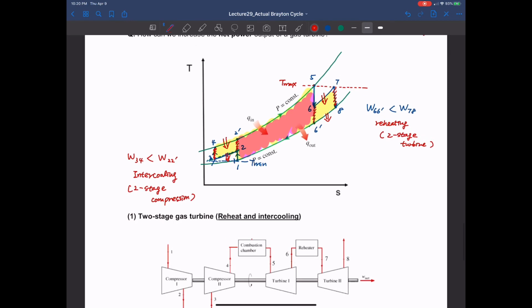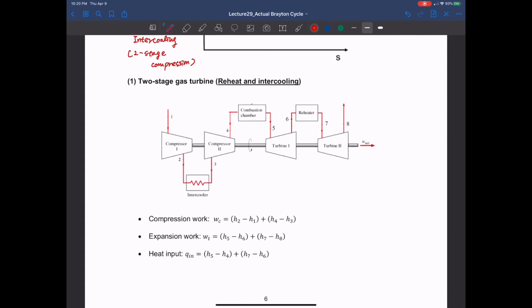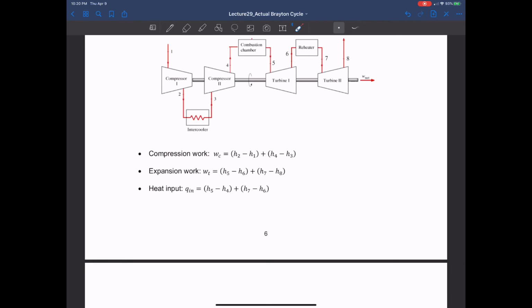Now, with those kind of general point of view description, let's take a look at how we can do more like a thermodynamic analysis. So this is the schematic diagram of two-stage gas turbine, where we have two compressors, and in between we have intercooler, and we have a main combustion chamber, and we have two turbines, and between two turbines we have reheater. Now, in terms of compressor work, we have two compressors.